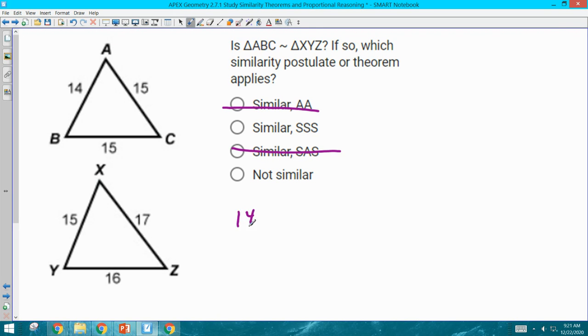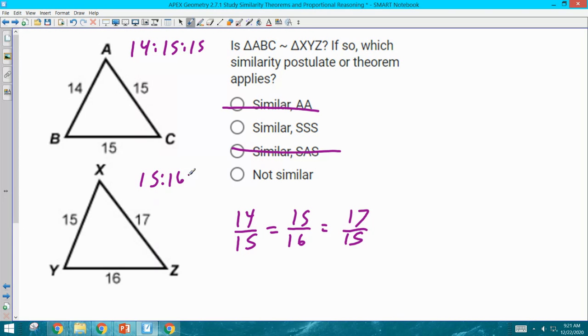We could just say 14/15 equals 15/16, which equals 17/15. But a little trick that I taught you was to write down the sides, least to greatest. Nothing divides into these to reduce them, and these two sets of numbers are not the same.